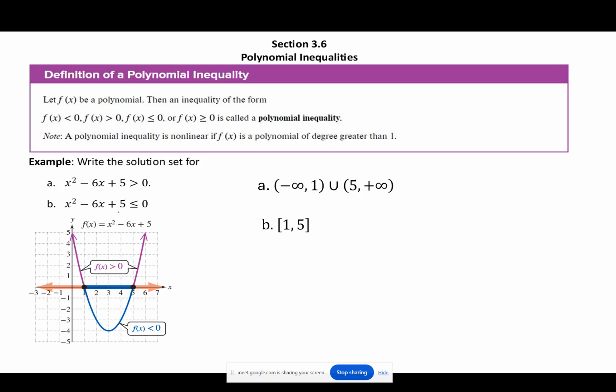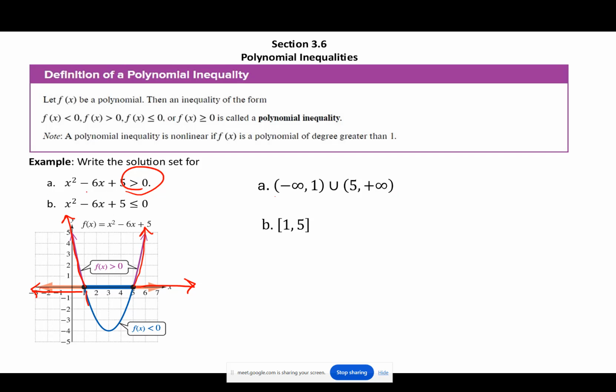So for all those values of x, the function is above the x-axis, positive. And then as x goes from 5 to infinity, the function is also positive over there. So the function is greater than 0 on these intervals, from negative infinity to 1 and 5 to infinity.